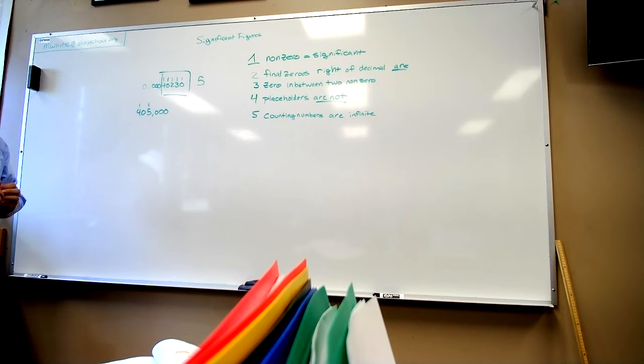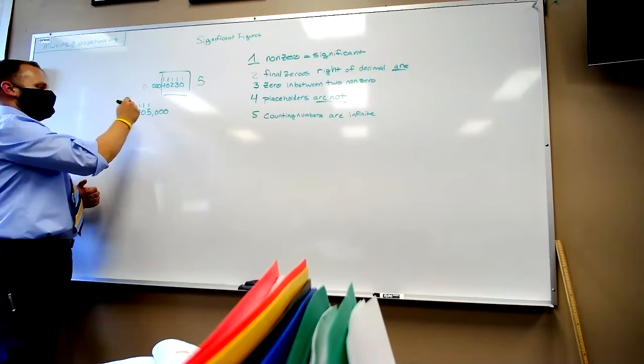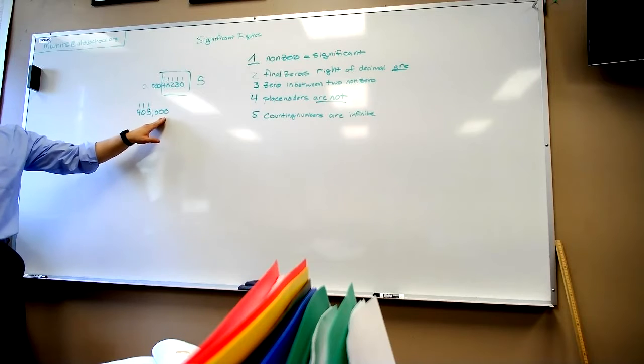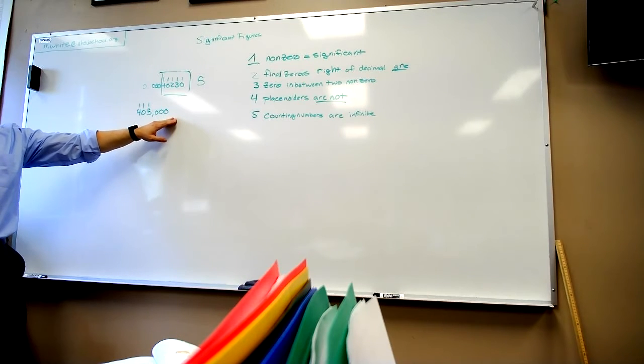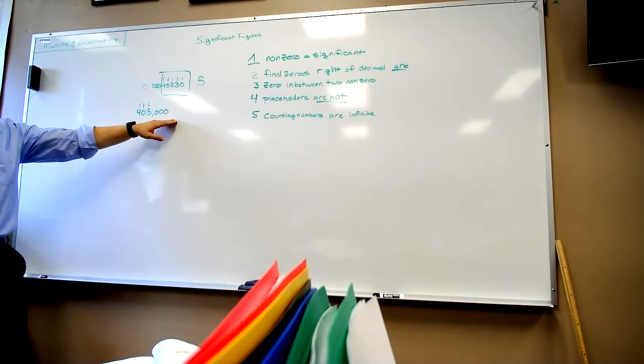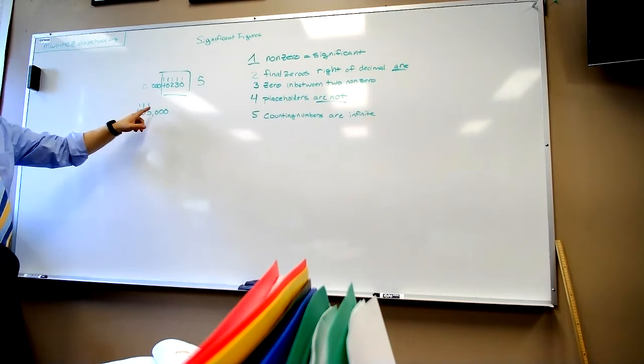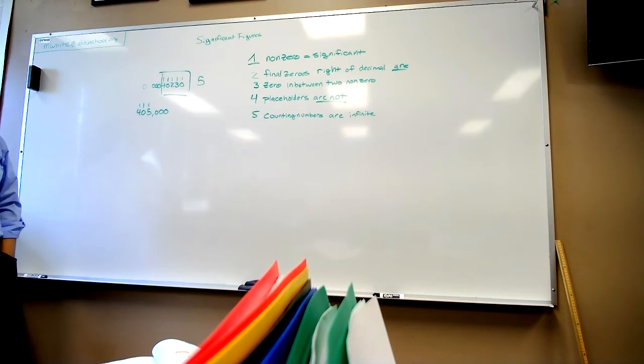We have a zero in between two non-zeros. Okay. These ones turn out to be placeholders. When you don't have a decimal, then you just lose them. They're placeholders.